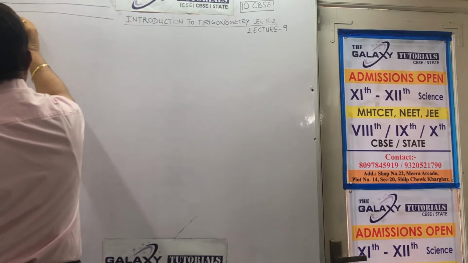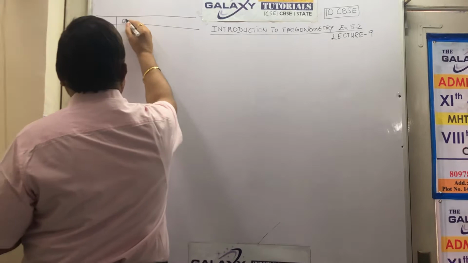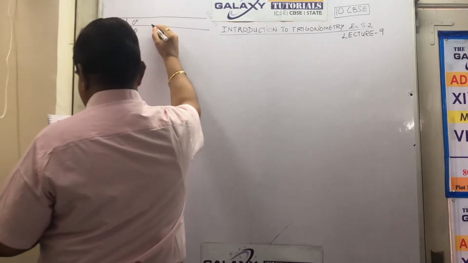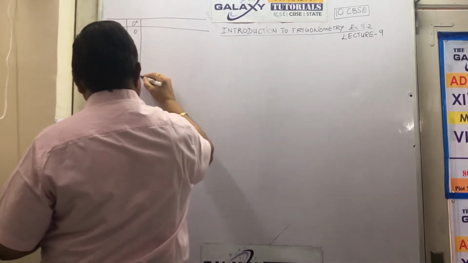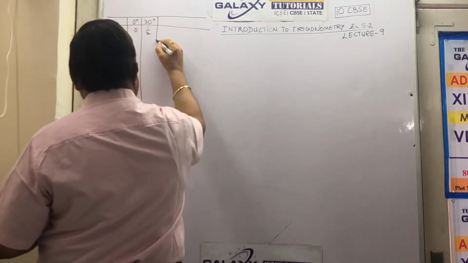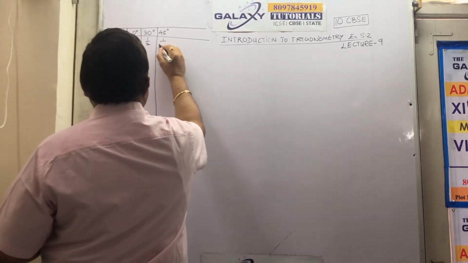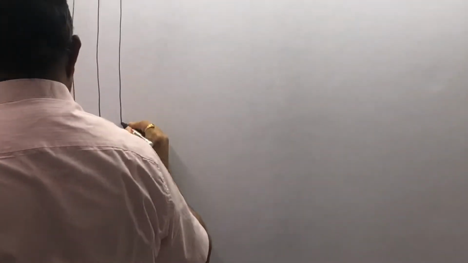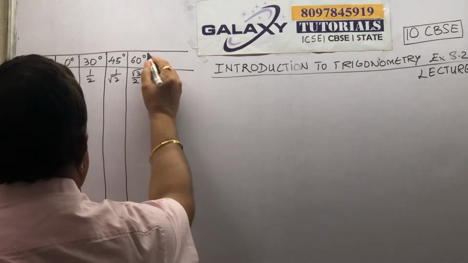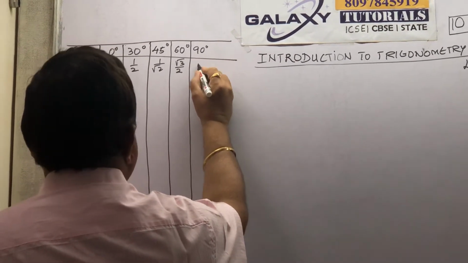Sine theta, and I have 0 degrees, then 30 degrees, 45 degrees, 1 upon root 2, 60 degrees, root 3 upon 2, and 90 degrees, that is 1.